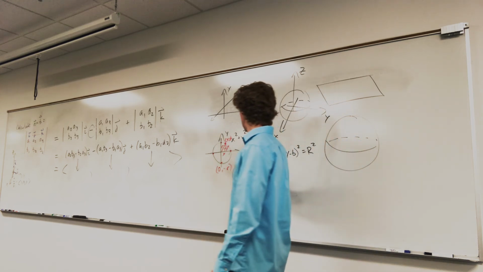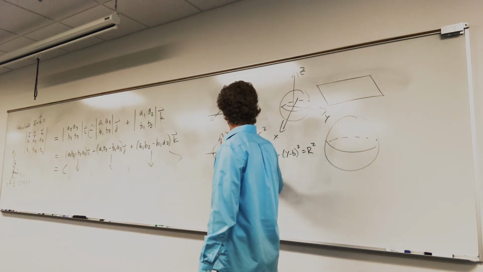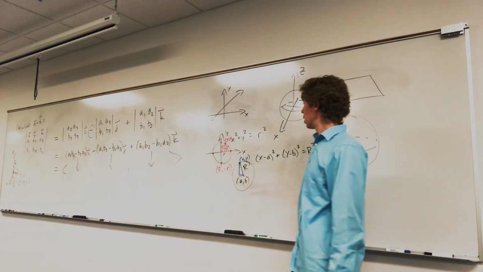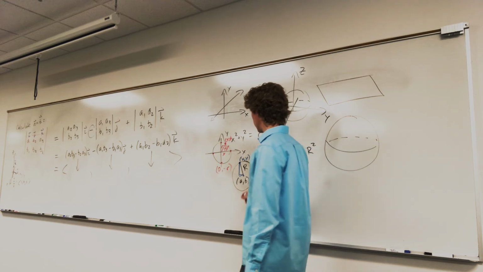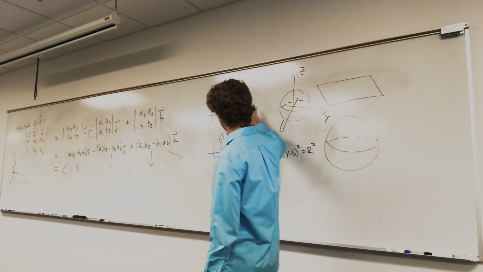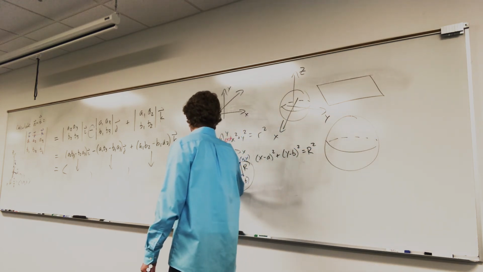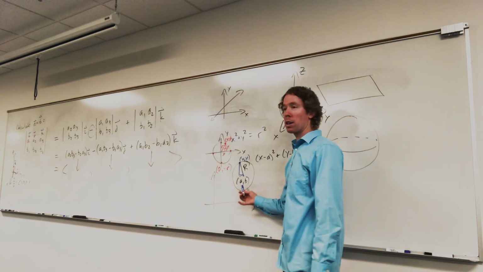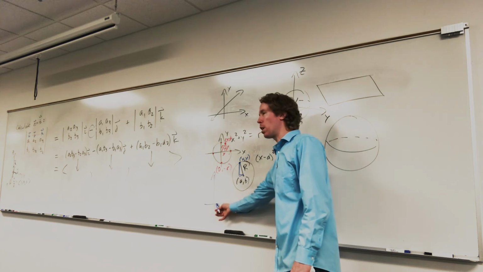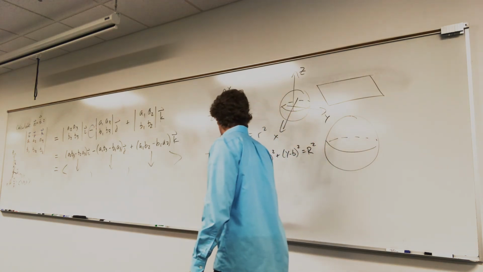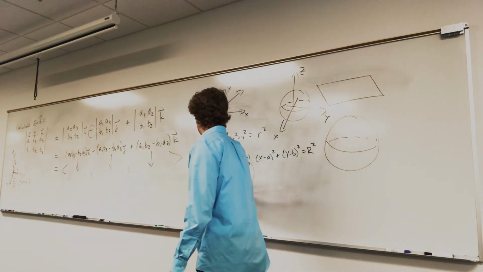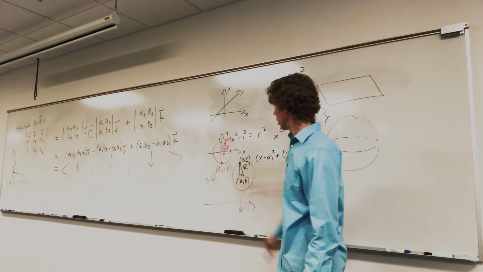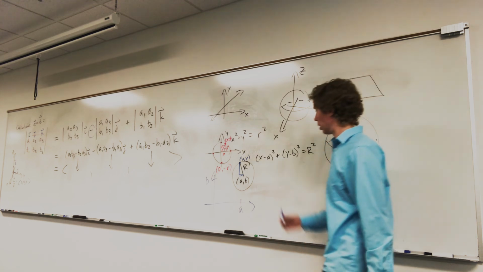If this is the point x comma y, and this is the point a comma b, and it would have been helpful probably if I drew this above the x-axis. So let's think about it this way. Let's think of b as a positive number. So this is shifted positive a units to the right and positive b units up. What is this height? Y minus b. Good. That's y minus b.